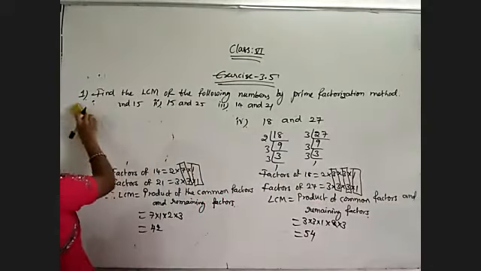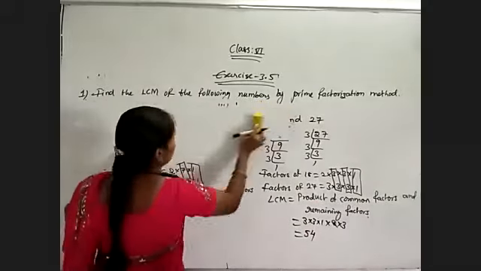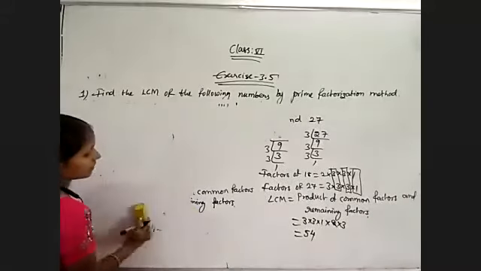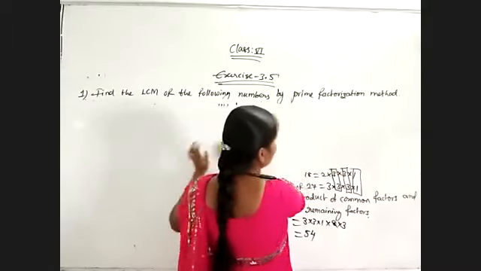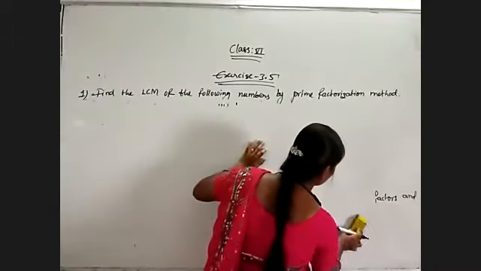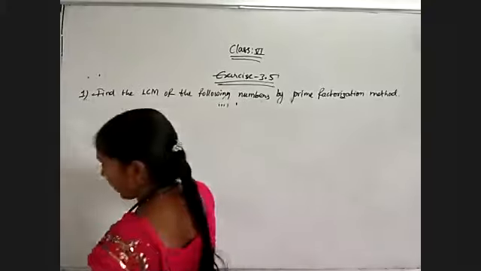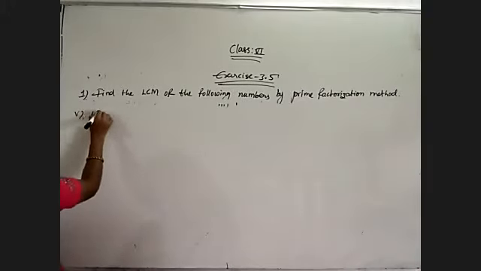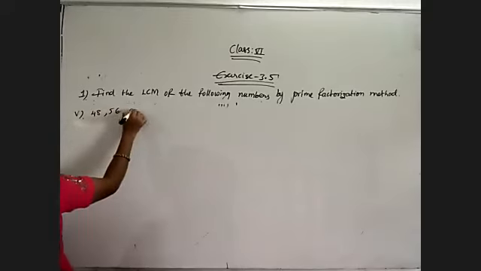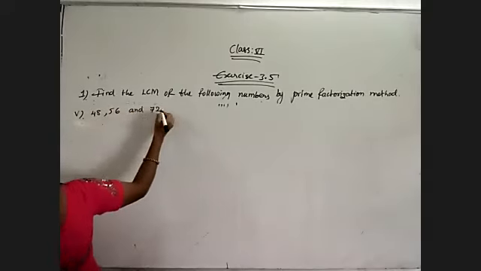Now coming to the fifth problem. Two problems are still there, fifth and sixth, using the prime factorization method only. The fifth problem is 48, 56 and 72. Three numbers are given.